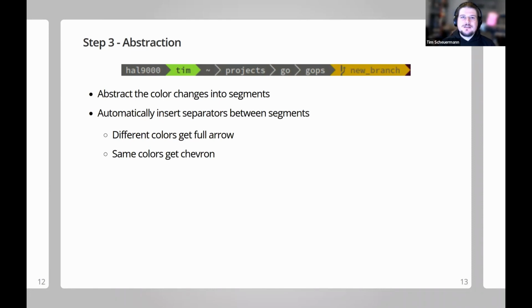Then I needed to create some kind of abstraction. I don't want to handle the actual transitions between the colors, copying colors here and there and taking them from two segments. I just want a function I can put a list of segments into, and it will give me the string back that contains all the color formatting, all the color codes, and the right characters at the right positions.